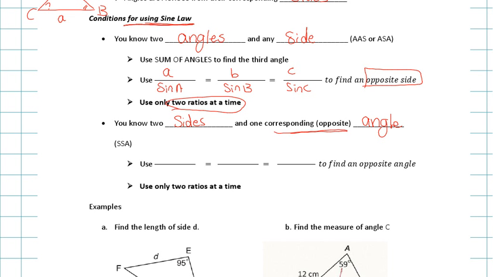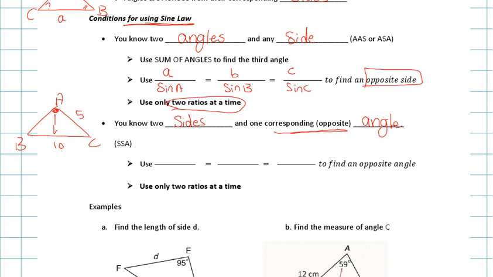So let's say I know two sides, this is 10 and this is 5. Then I must have either angle A, because that's the corresponding opposite angle to the 10, or I must know what B is. I must have an opposite angle to the side. Otherwise, I cannot use the sine law.